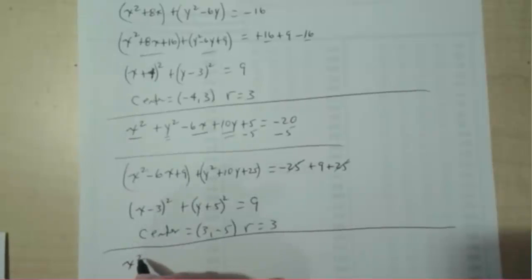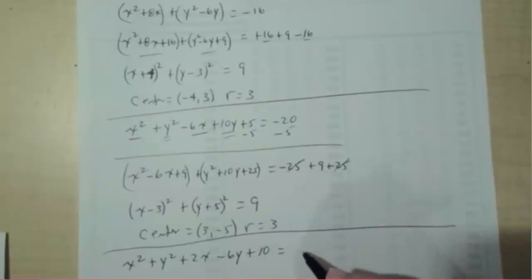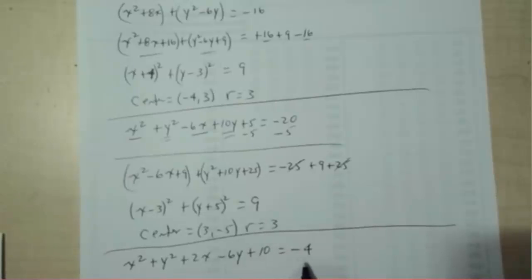x squared plus y squared plus 2x minus 6y plus 10 equals negative 4. Okay, we're going to group these together and move the constant to the other side.